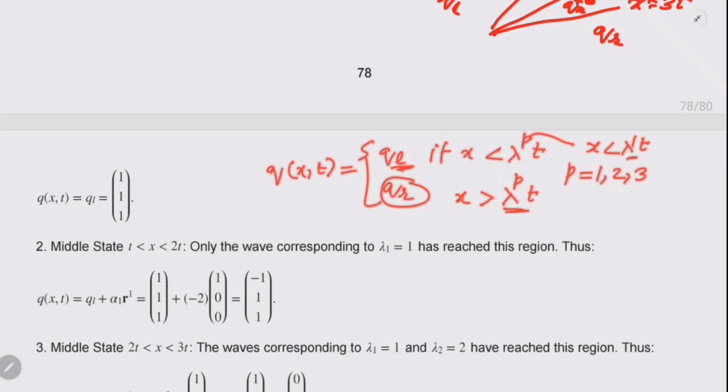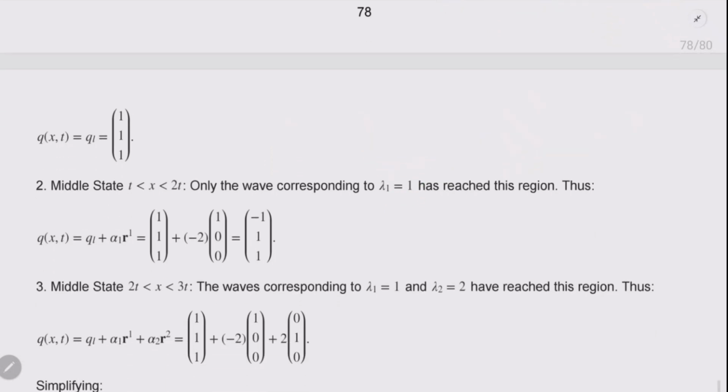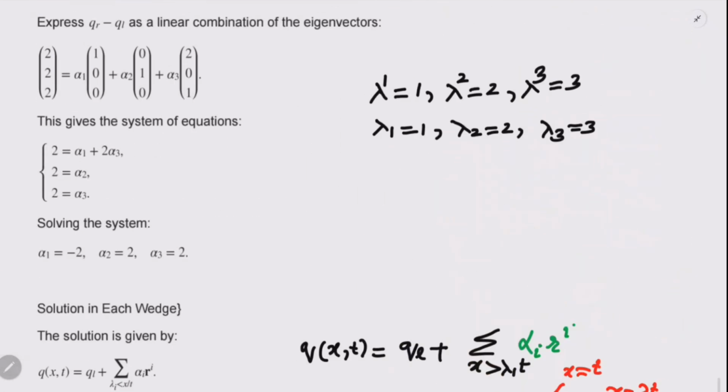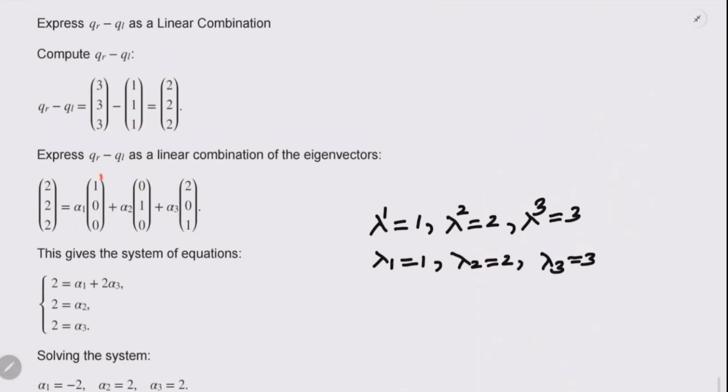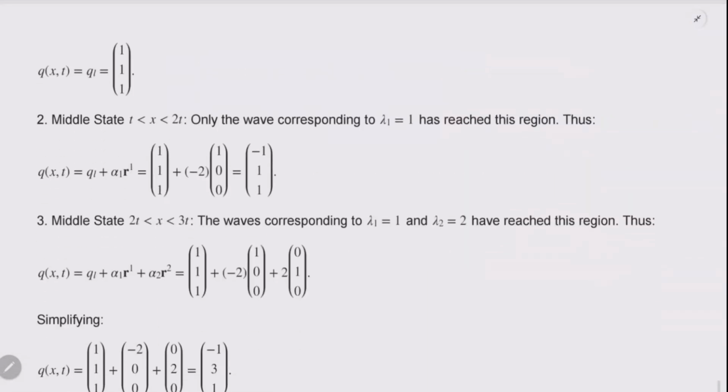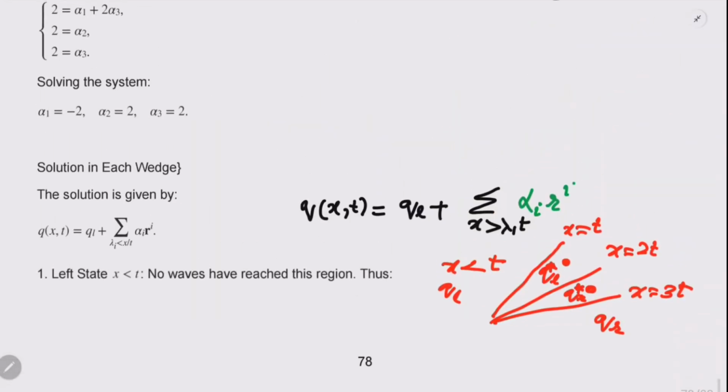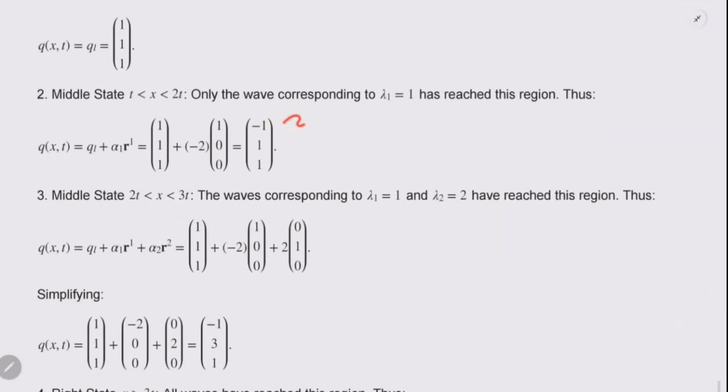In that case, the contribution is coming only from lambda 1 equal to 1, and for alpha 1, the eigenvector that we found earlier was (1, 0, 0), and we already found alpha 1 is equal to -2. So we solve it, and we get the first solution in this state.